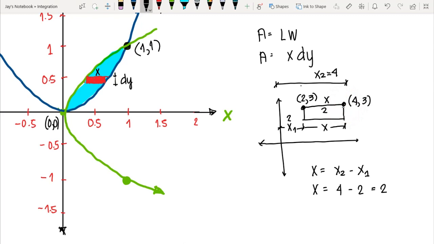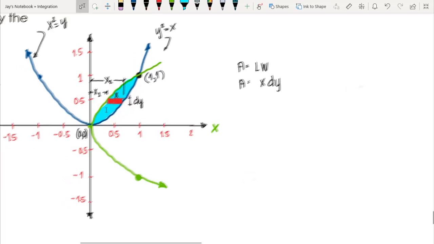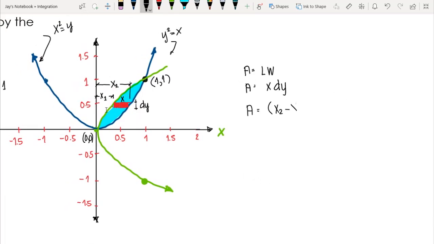Similarly, for this horizontal strip, x is just equal to x sub 2 minus x sub 1, and then the width is dy. So we can now integrate: the integral of x sub 2 minus x sub 1 dy.